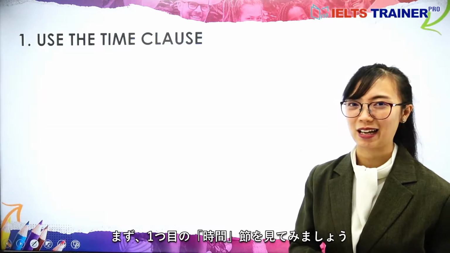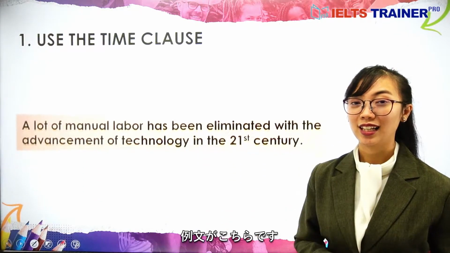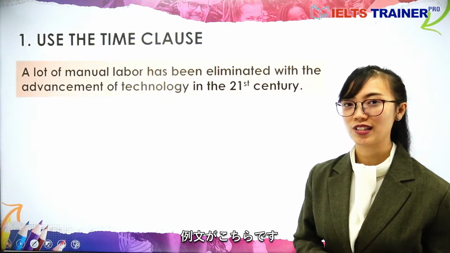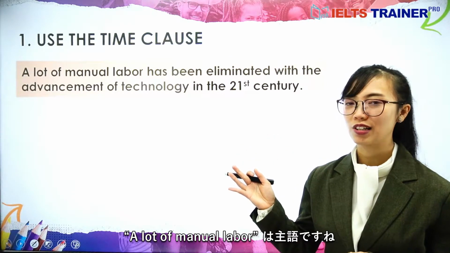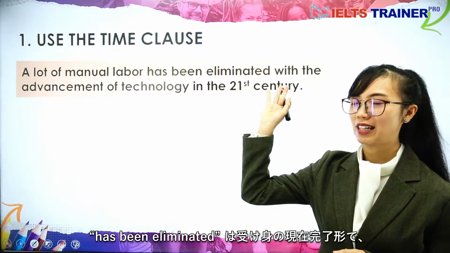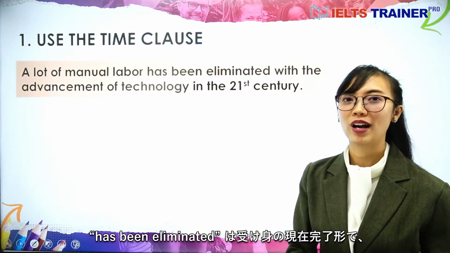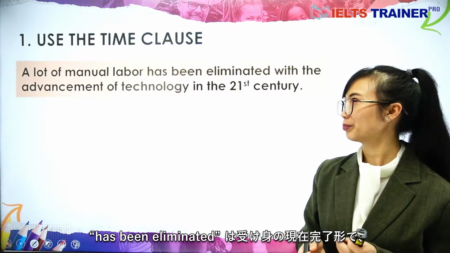For the first type, let's use the time clause. Let's say this is the first sentence. A lot of manual labor, so we find the subject has been eliminated, with your present perfect in the passive form.